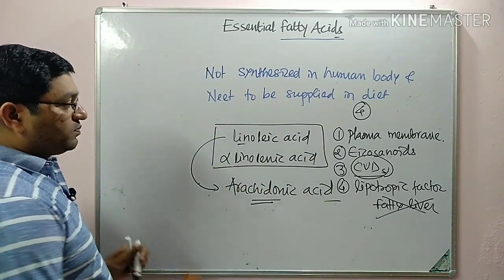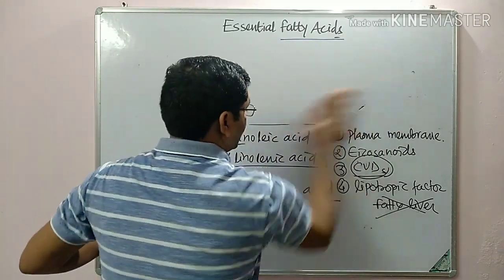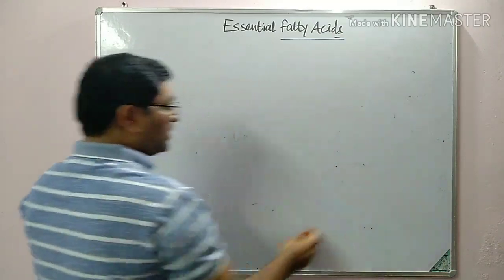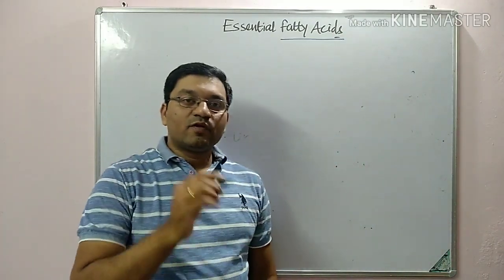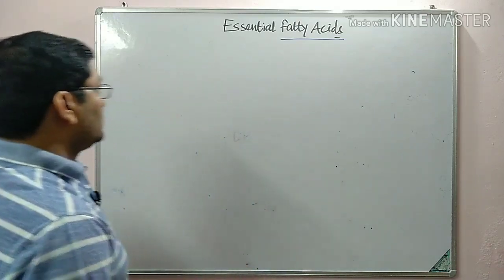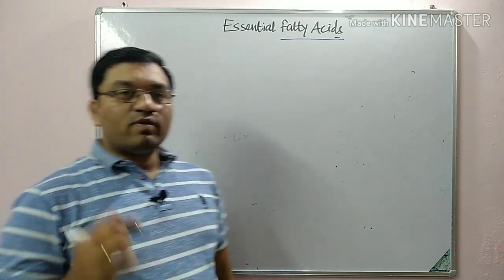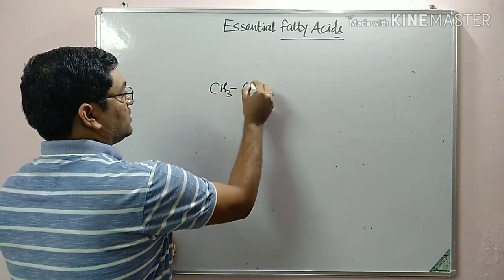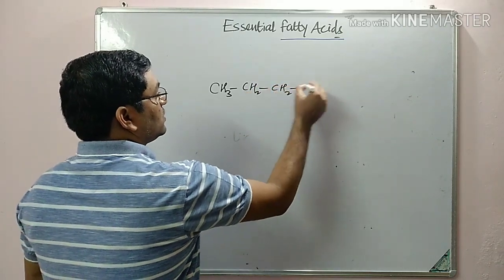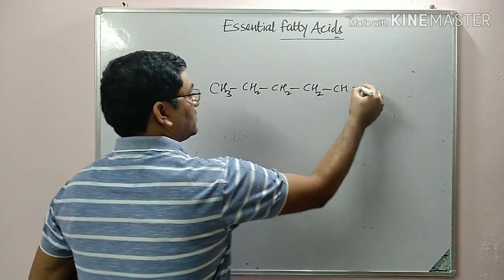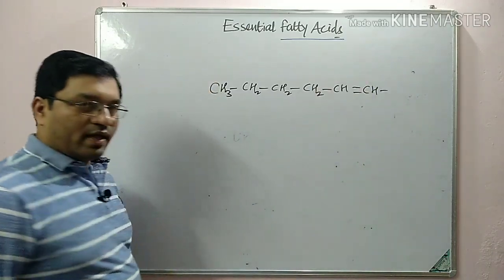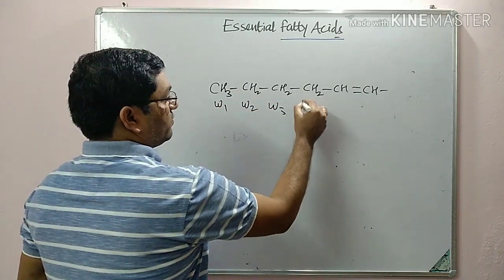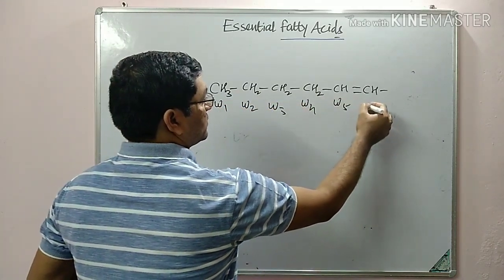Now coming to the omega classification of fatty acids, which mainly includes essential fatty acids. In the omega series, carbons are numbered from the methyl end, and the number is given to the carbon at which the double bond occurs. If we take CH3, CH2, CH2, CH2, CH, and so on, this is omega 1, 2, 3, 4, 5, and this is omega 6.